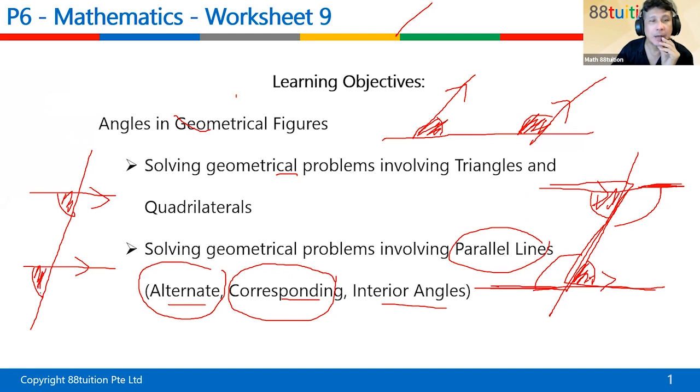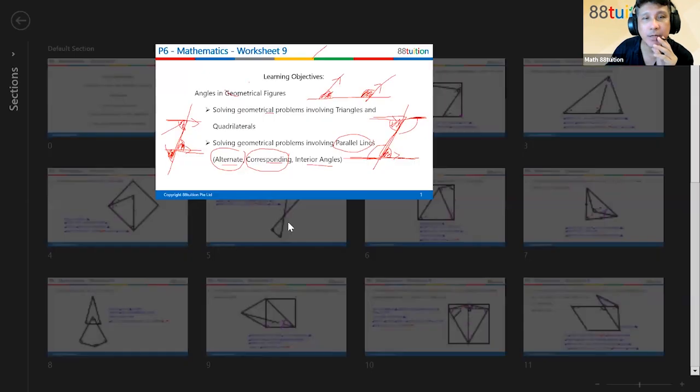How do we know that they have the same value? These are all known as shortcuts. If you do the long cut, this angle is vertically opposite to this angle, which you already know, and then this angle is actually the Z, the alternate angle. So they are the same. That's why this angle and this angle have the same value. These are some of the things we want to talk about involving parallel lines. We will get started with our questions then.